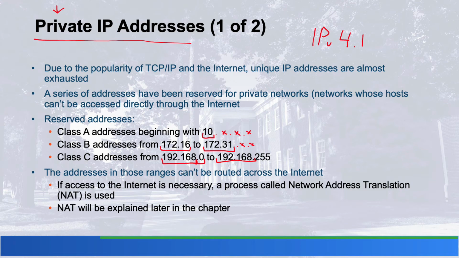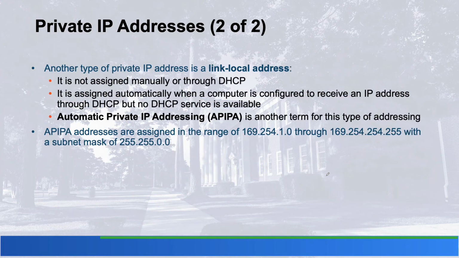Remember, any address like that which a router sees cannot be routed across the internet. It's going to be thrown away. So they came up with those three ranges. There's also a fourth range.